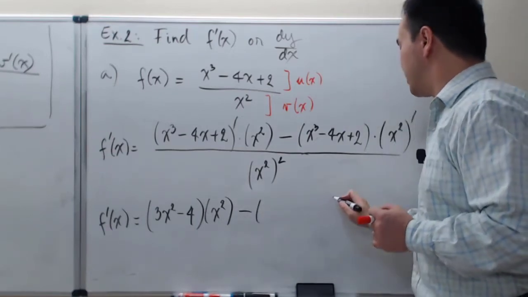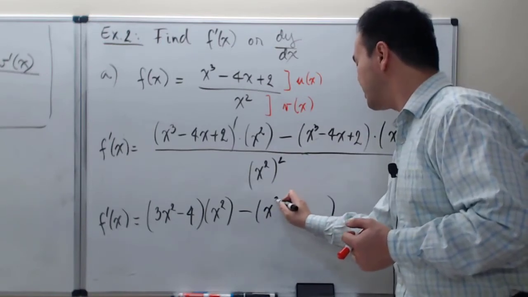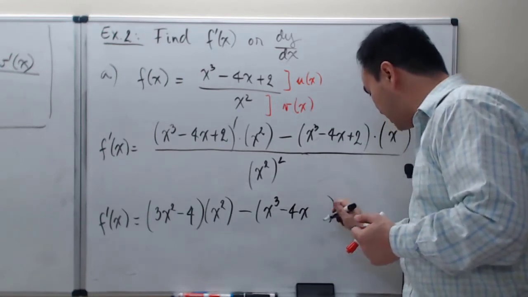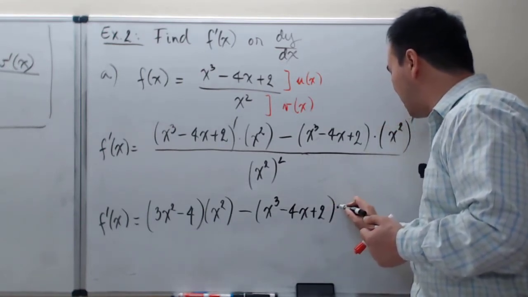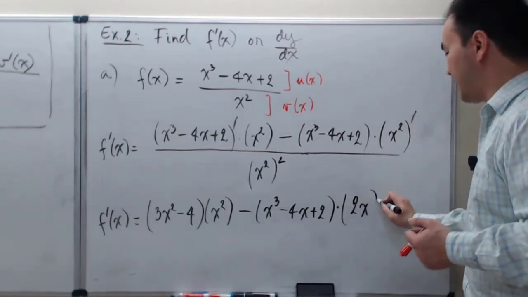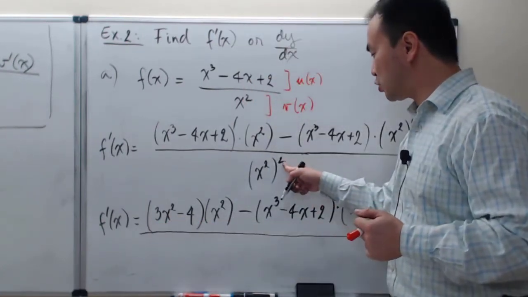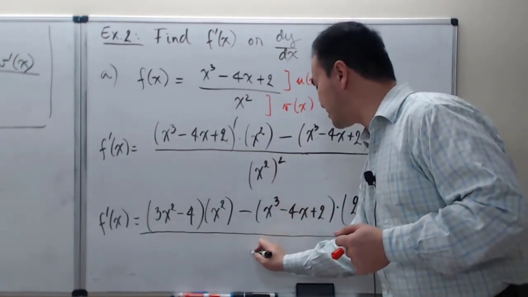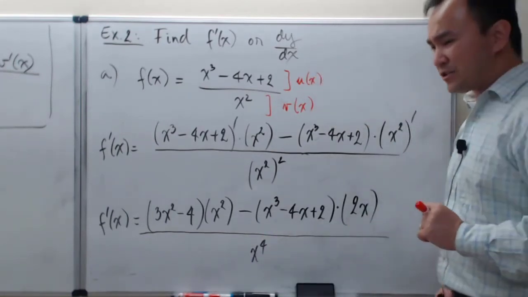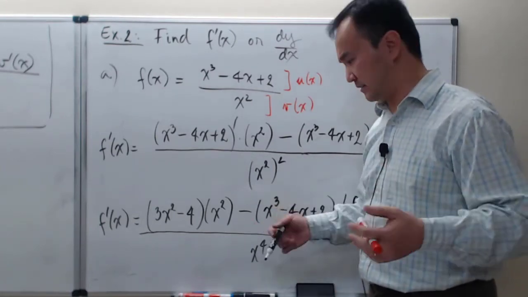So now I'm going to keep u the same, unchanged, x cubed minus 4x plus 2, and multiply with the derivative of x squared, which is 2x. And in the denominator, since we have a square of x squared right here, altogether it's x to the 4th power.